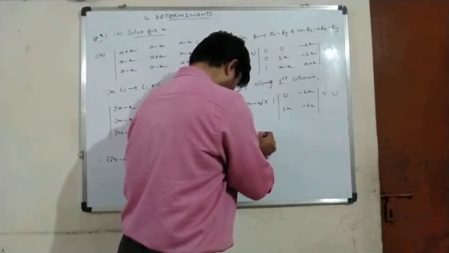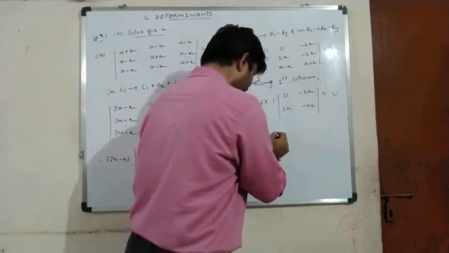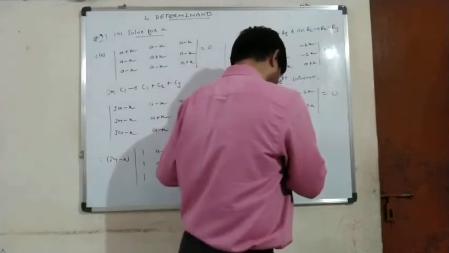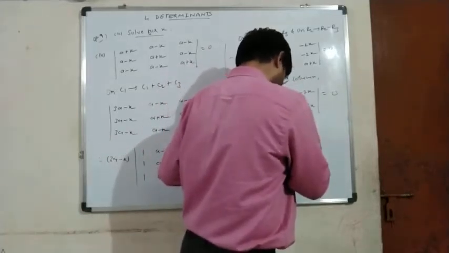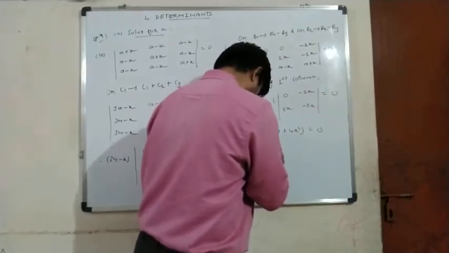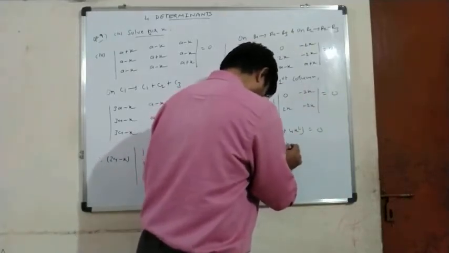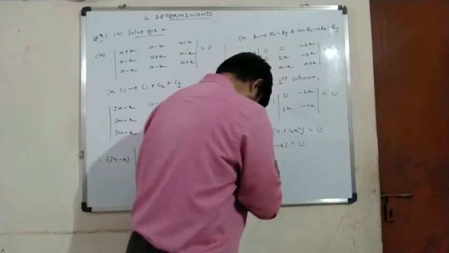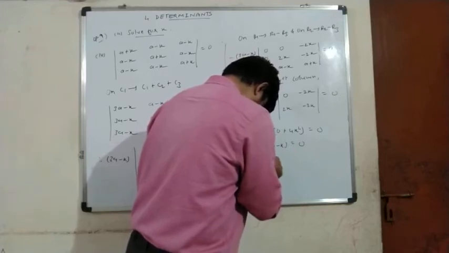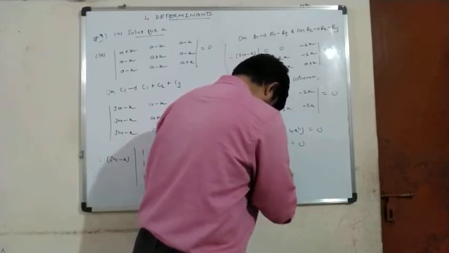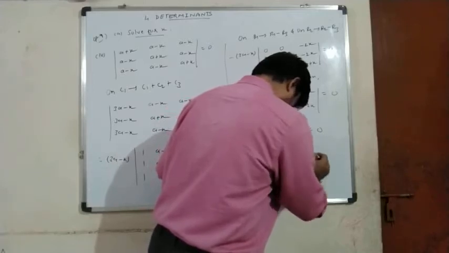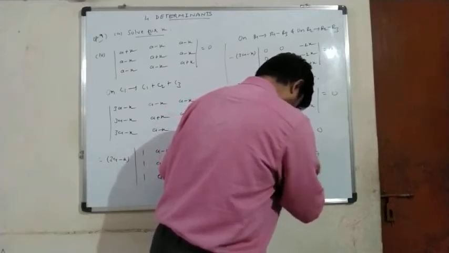So we get 3a minus x into 0 minus minus plus 4x square. So we will get here 4x square into 3a minus x is equal to 0. Therefore x is equal to 0, or x is equal to a by 3.